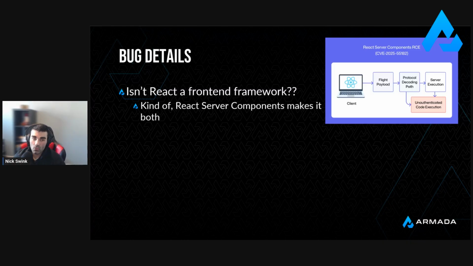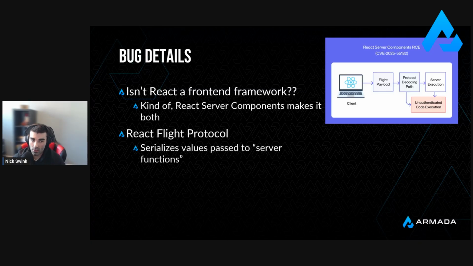Okay, so Next.js uses this React server components, or a version of it, a proprietary version, or not proprietary, but they use that flight protocol in their app router. And Next.js is, I guess, more like a full stack solution for building a backend and a front end.